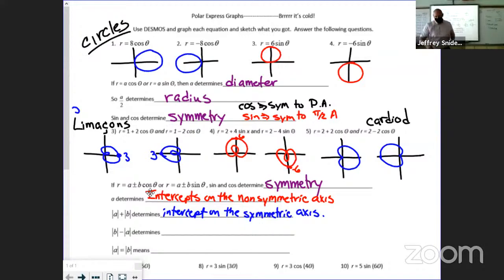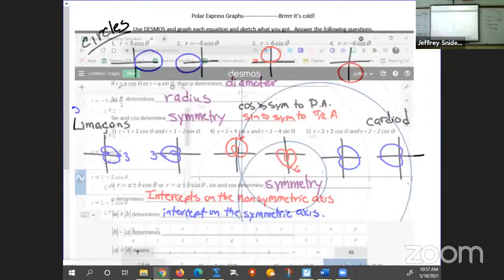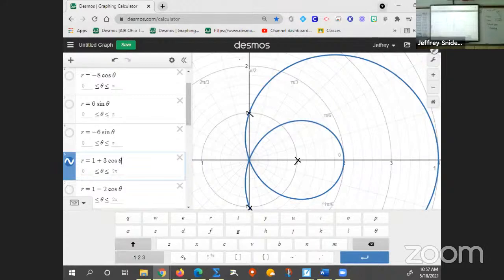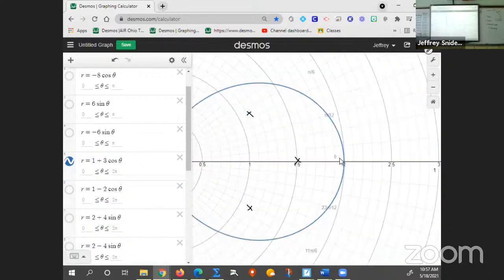Let's go back to that graph I did earlier. Let's look at what B minus A does. What would B minus A be on the one I have right here? 2. Look what this is right here. Where's this crossing over at? 2. Look at this one.